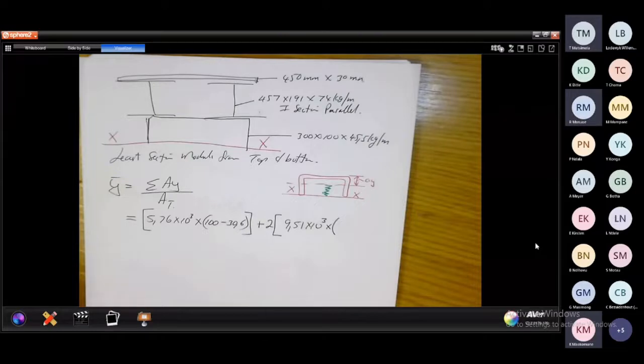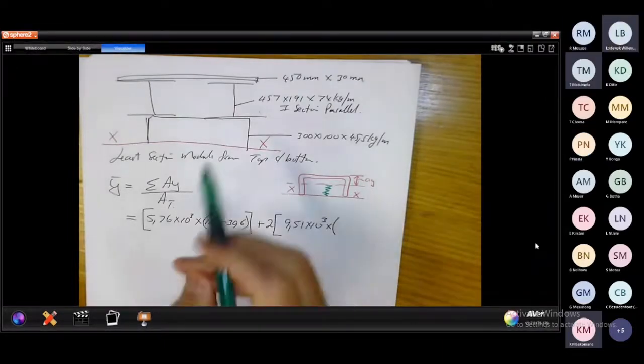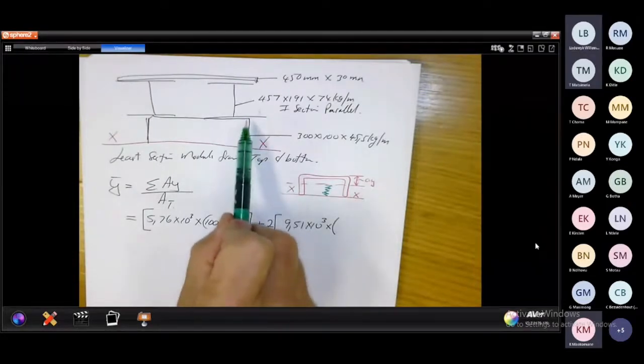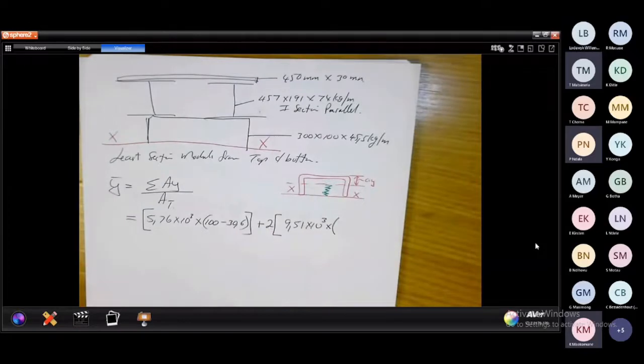So is it 457 divided by 2, and then you also add the 300 on it? Why 300? Because we're working from the bottom. What's the distance from here to here? 100, sir. It's 100. Oh, I looked at the long measurement. Right, yes.